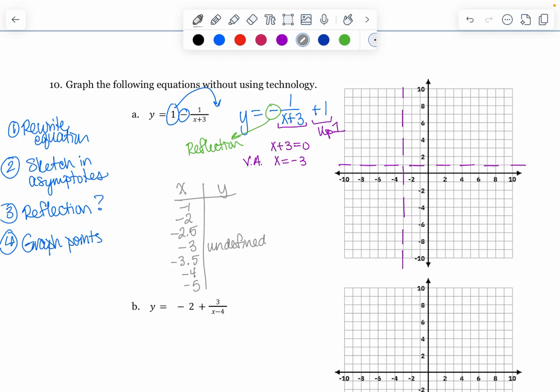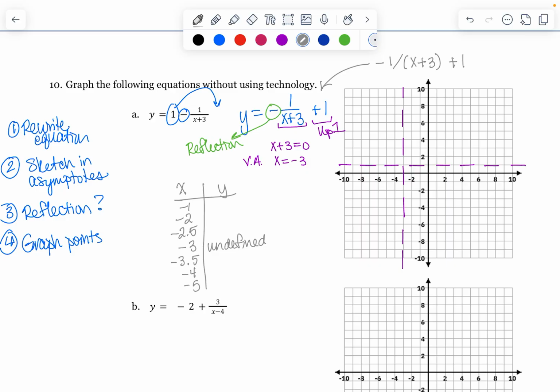And if I end up using my calculator and I type my equation into my y equals, I want to make sure that I'm putting parentheses around my denominator. So if I were to type that in, it would look like -1, I use my division for my fraction, parenthesis, x plus 3, close my parenthesis, because that's the end of my denominator, and then plus 1. And that's what it would look like in my y equals.